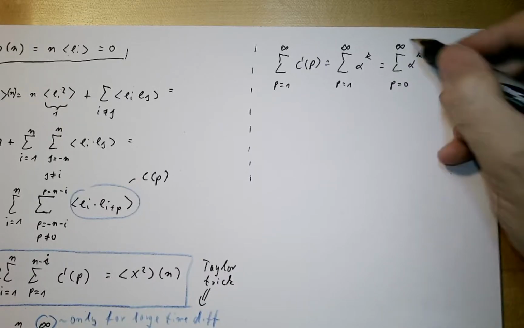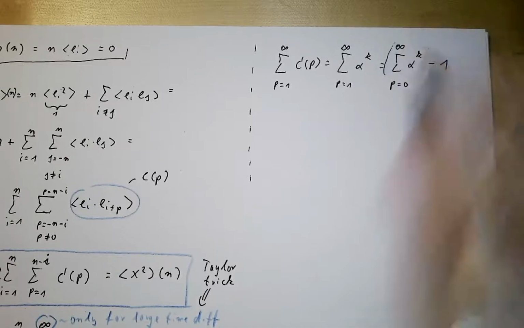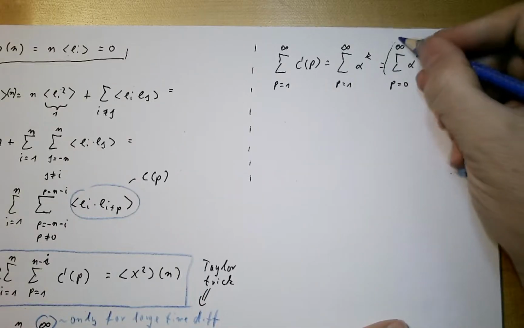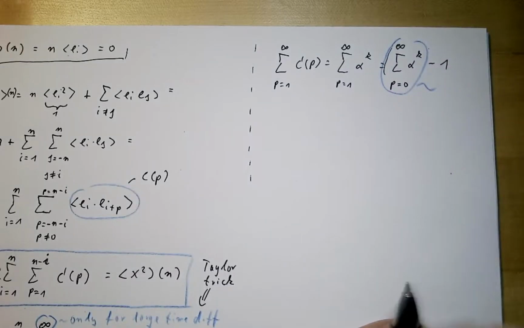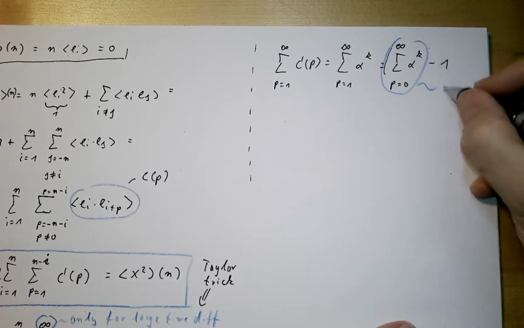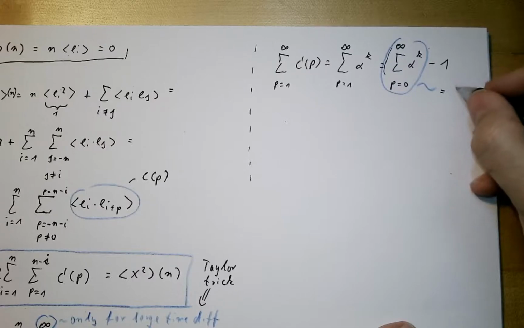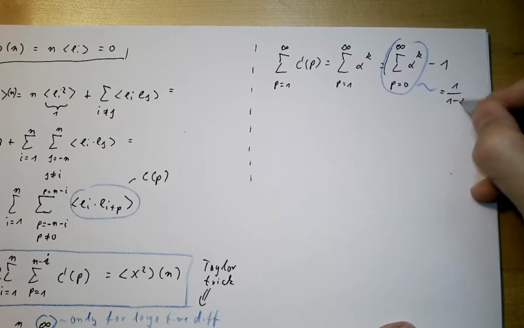Yeah? And now we know this here. This is a geometric series, so this is equal to 1 over 1 minus alpha.